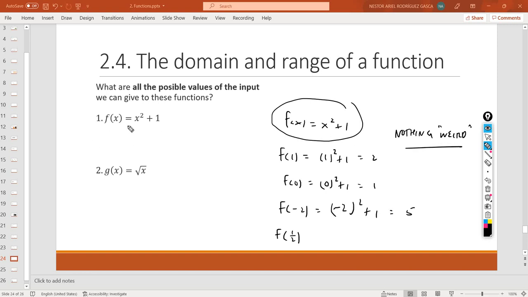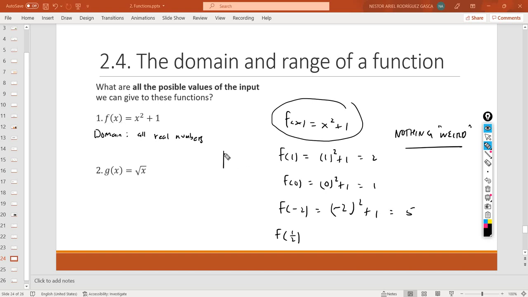So this function is okay with any value of the input, and so we say that the domain is all real numbers. All real numbers. And what that means is that I can give x any value I please, anything, and the function will give me something in return.